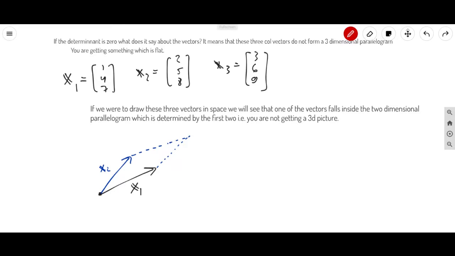But in this case, x3 is already sitting inside the parallelogram formed by the first two vectors. So you're getting something which is flat. This is a flat parallelogram. So its volume is equal to 0, right? The volume is equal to 0.